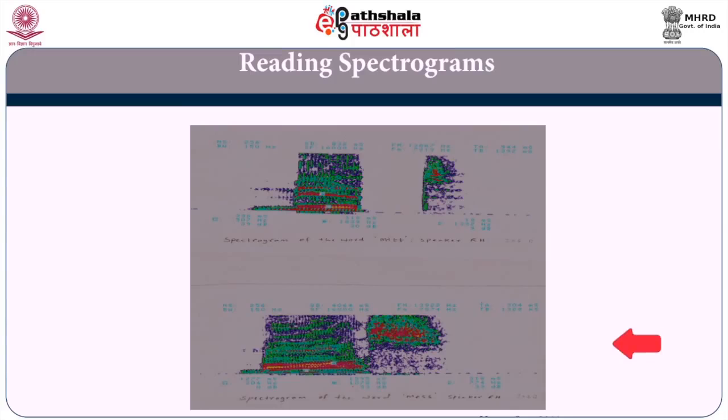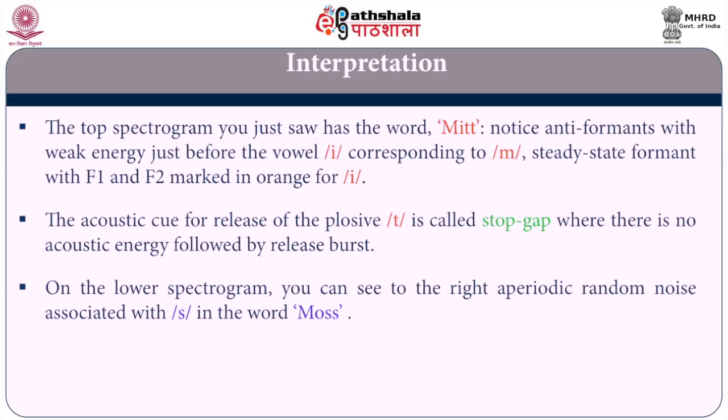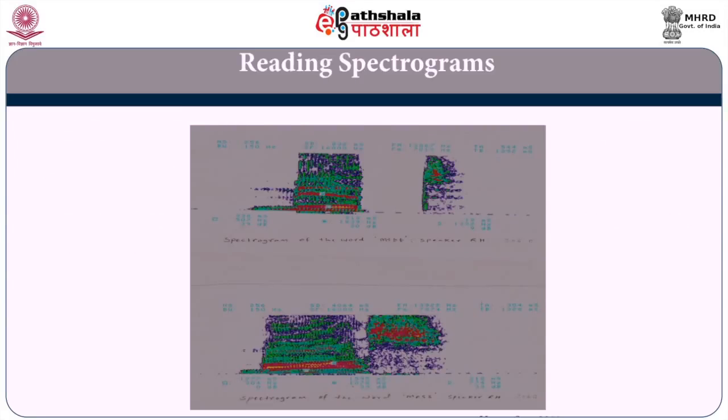So this bottom spectrogram corresponds to the word moss. The acoustic cue which I called aperiodic noise is very clearly visible here on the rightmost side of the spectrogram, where you don't see formants at all.